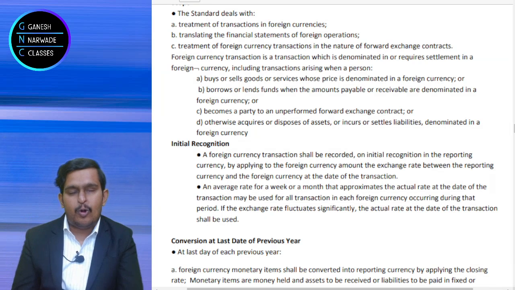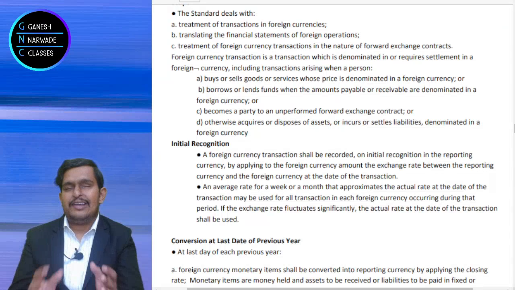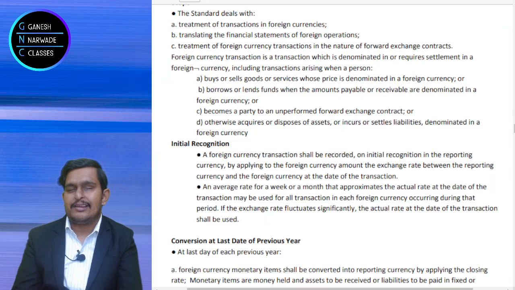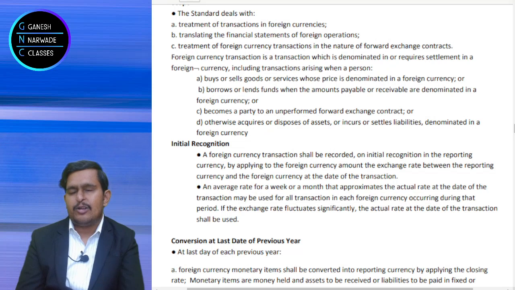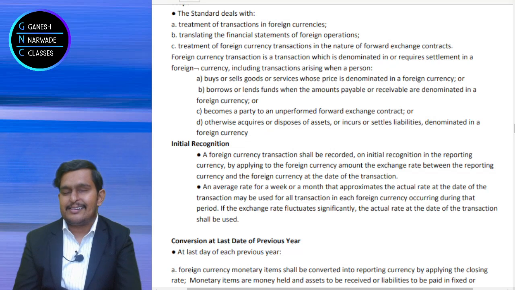But when I say transaction in foreign currency, what do you mean by it? Suppose, for example, I have placed an order on Amazon.com. When I am buying, selling something, if I am buying by paying dollars, or selling by collecting dollars, then we can say this is a transaction in foreign currency.